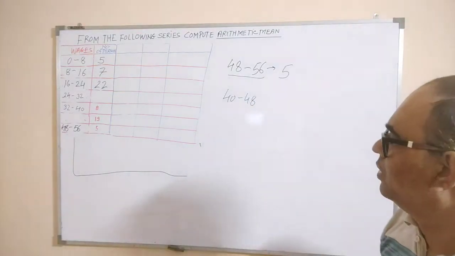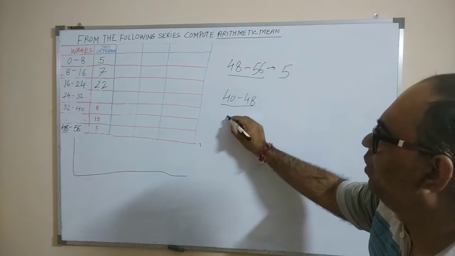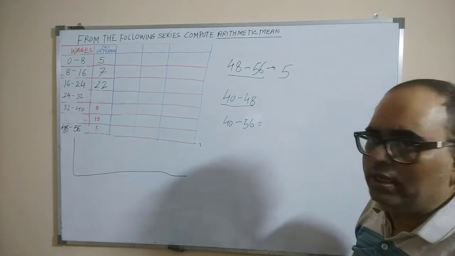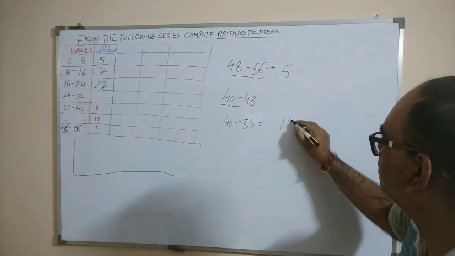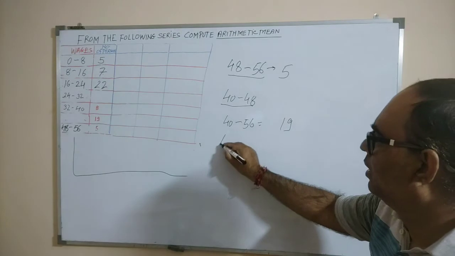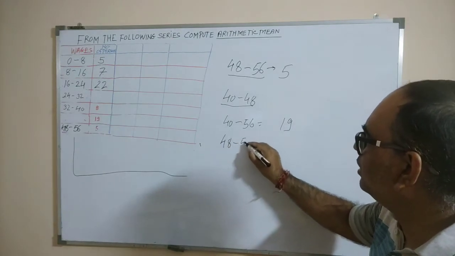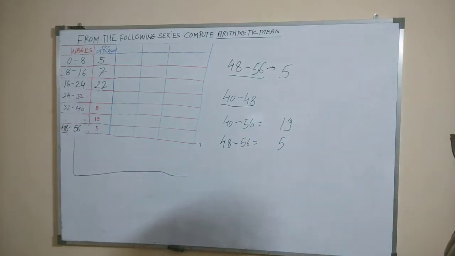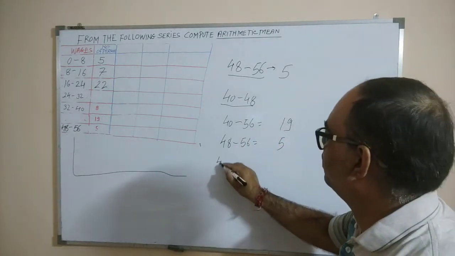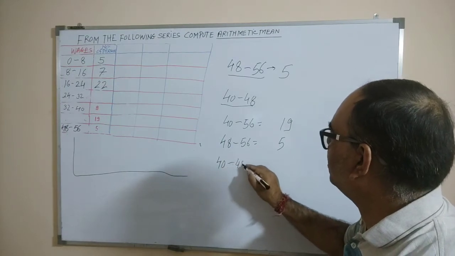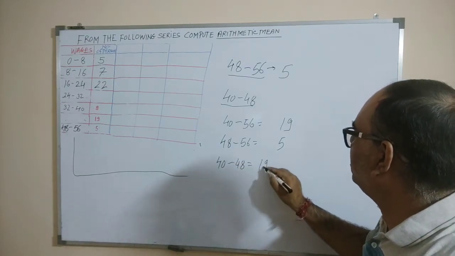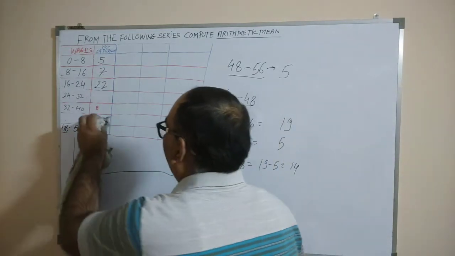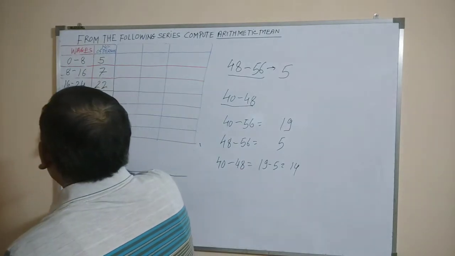We don't know about it, so we need to find it out. We know that 40 to 56 rupee wages is received by 19 persons, and we also know that 48 to 56 rupee wages is received by 5 persons. With the help of these two values, we can compute that 40 to 48 rupee wages is received by 19 minus 5, 14 persons.